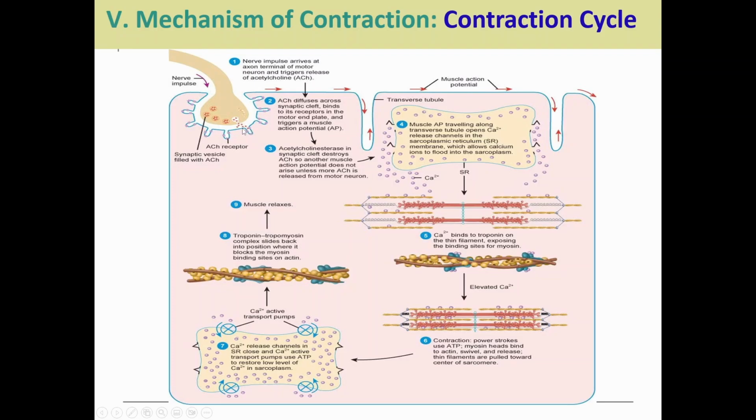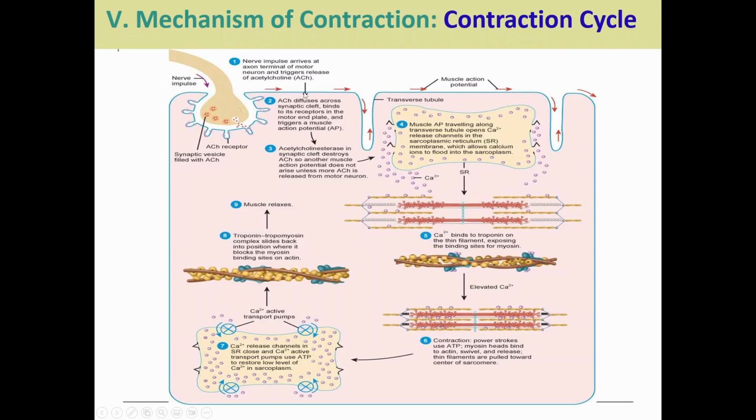That is going to then cause the sodium channels to open, which then triggers a muscle action potential because it'll depolarize. Acetylcholinesterase will stop acetylcholine so that we don't send another muscle action potential until we get another nerve impulse to release more acetylcholine. So this is the entire thing that's going on.